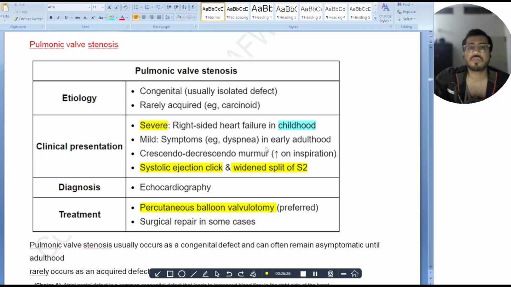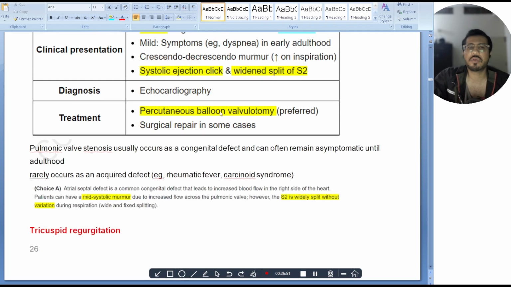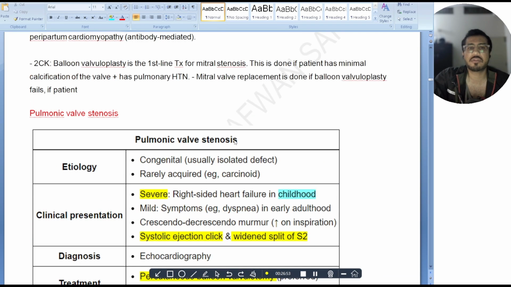Symptoms, for example, in early adulthood. What is the quality of the murmur? It's going to be the same as aortic stenosis: crescendo-decrescendo, systolic ejection. And as I told you guys, valve stenosis leads to delayed valve closure, so the split would be widening, not fixed widening, which would further widen during inspiration. How are you going to diagnose? Echo. Treatment is percutaneous valvulotomy, same as mitral stenosis.